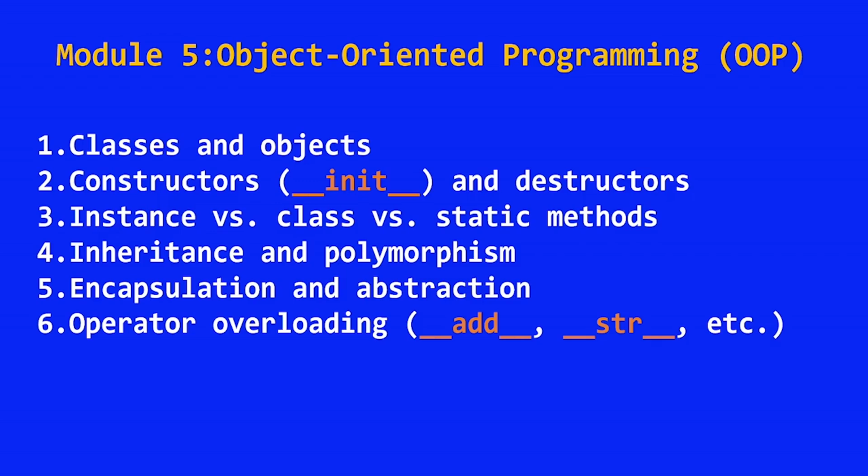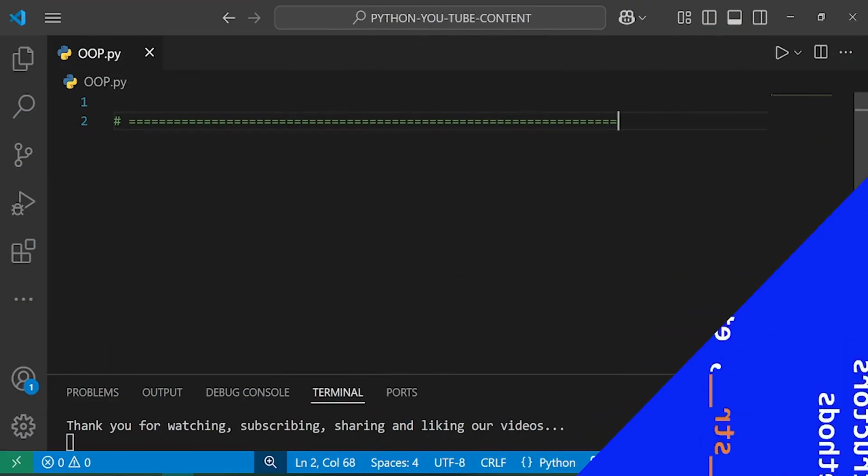Moving ahead, on part 5, we're going to look at encapsulation and abstraction. And finally, on part 6, we're going to look at operator overloading, that is __add__ and __mul__, among other methods.